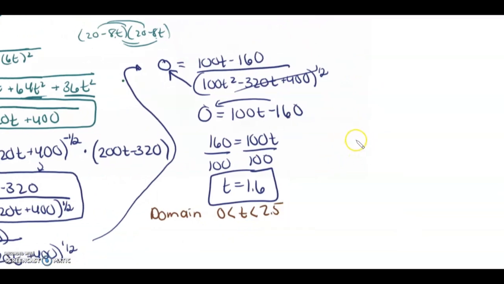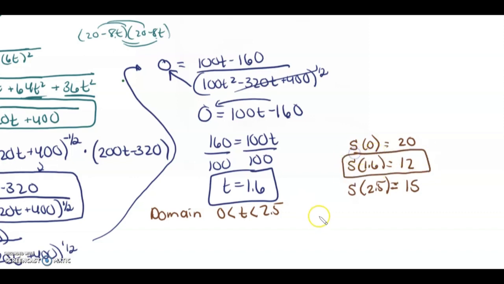We're going to test the distance at time 0, the distance at time 1.6, and the distance at time 2.5, and we're going to see when they're the closest, so obviously the smallest number. The distance at 0, they're 20 meters away from one another. The distance at 1.6 is 12 and at 2.5 is 15. So this is clearly the smallest number here.